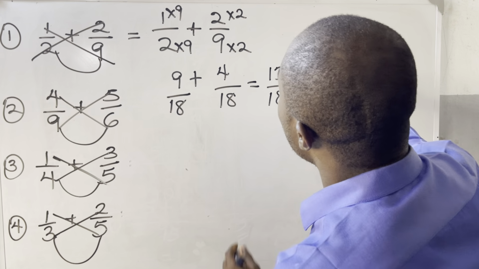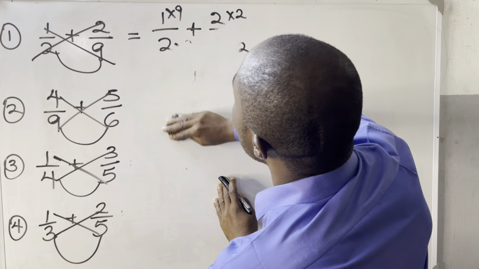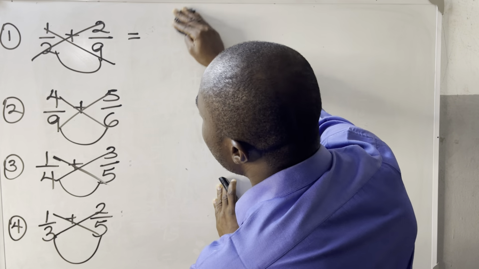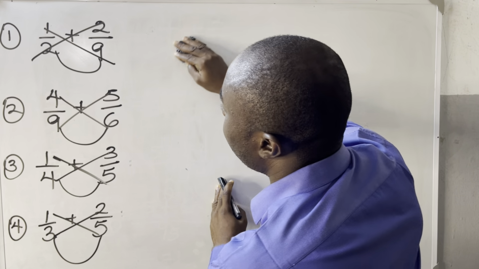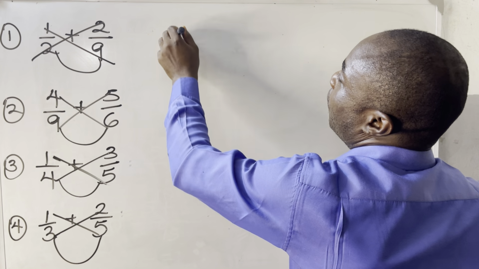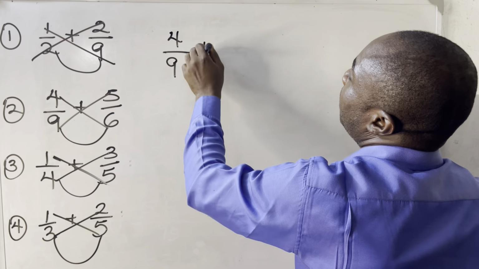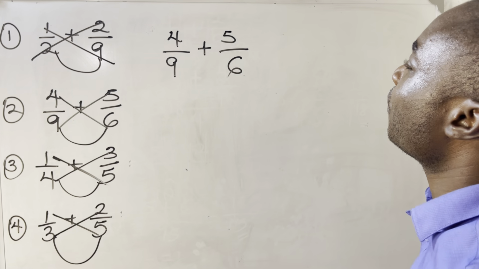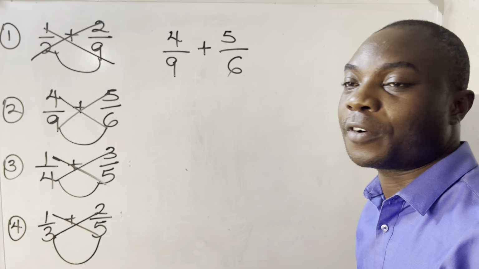All right, now I'm going to answer one more question using this method, then we move on to addition of 3 fractions. All right, now let's answer the second question. We have 4 over 9 plus 5 over 6.